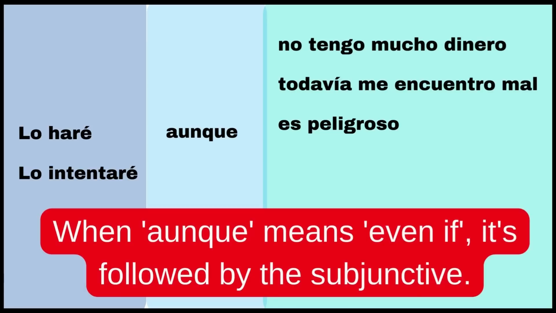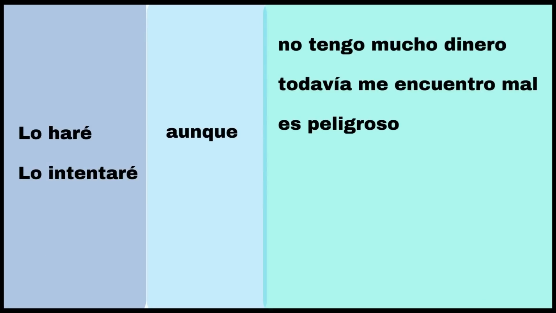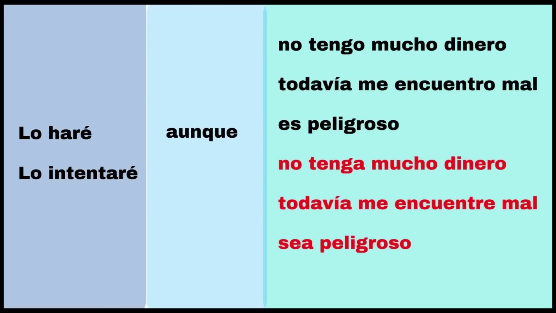No voy a pasar mucho tiempo hablando de la forma del subjuntivo. No tengo en subjuntivo es no tenga. No tenga mucho dinero es la frase en la forma subjuntiva.